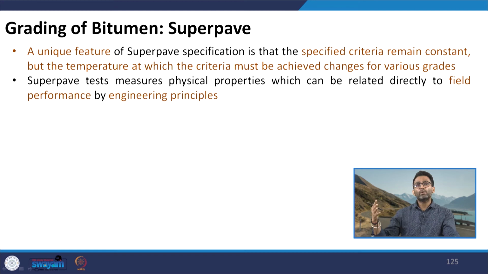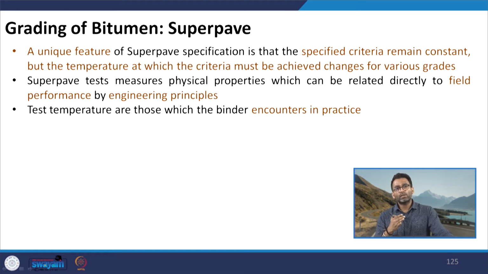So, this is what is different in the Superpave specification, that the value of the parameter will remain constant, but the temperature at which this parameter should be met by a binder will change from grade to grade. In Superpave, we are measuring parameters or properties of the binder which can directly be related to the field performance through engineering principles, which means we are here testing more fundamental properties of the binder, and these are not empirical in nature.